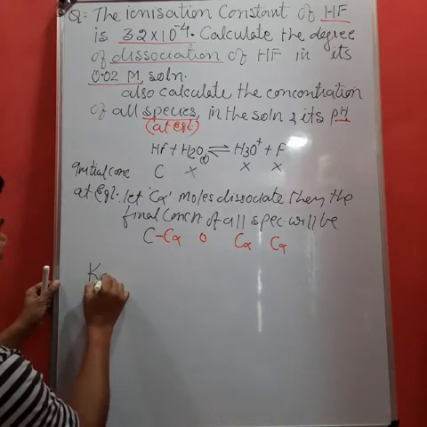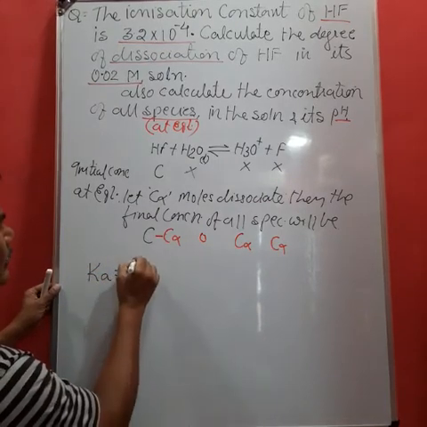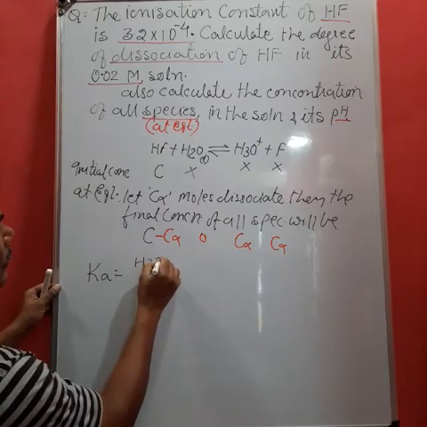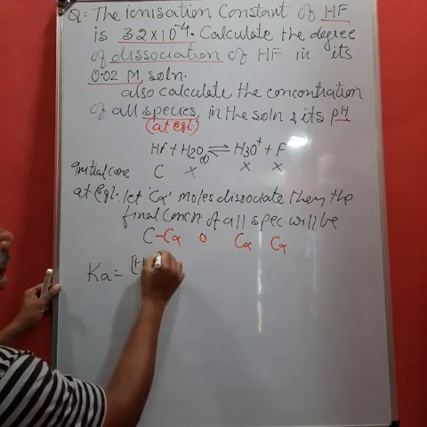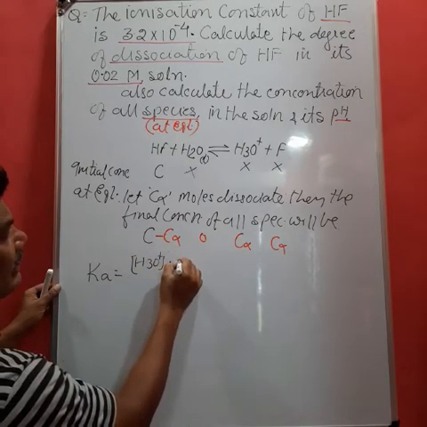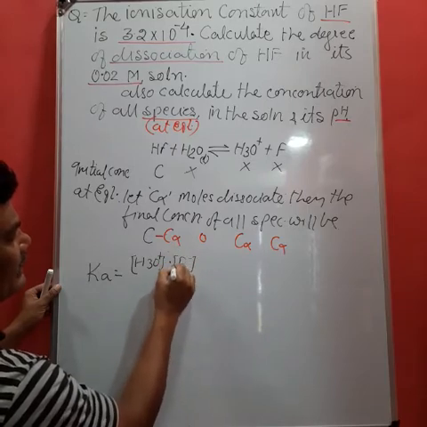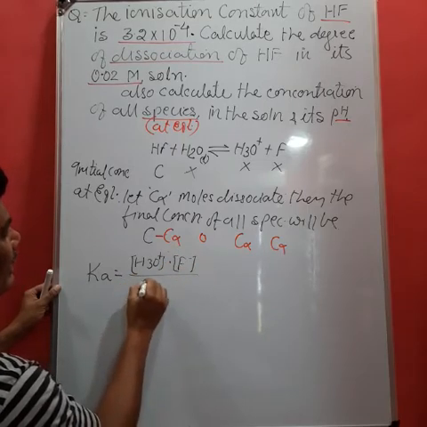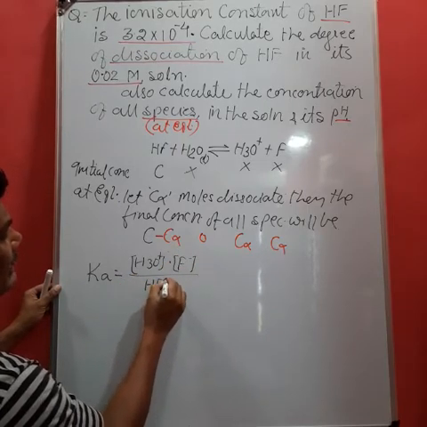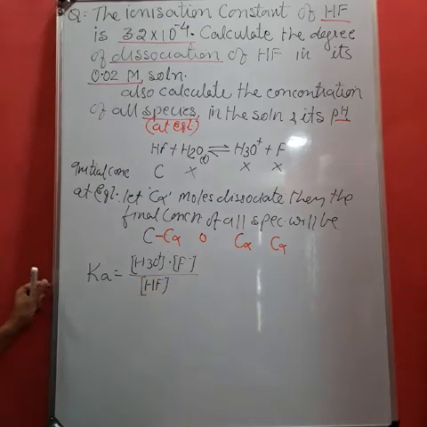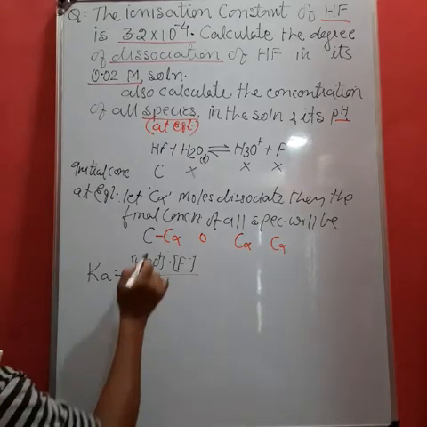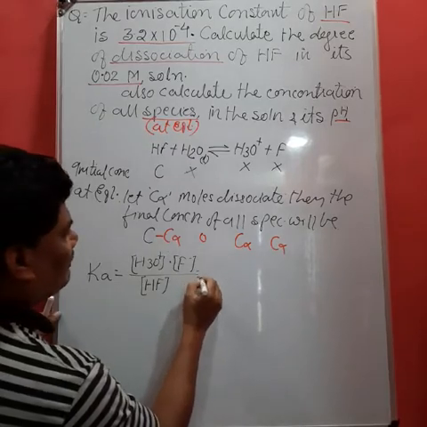Now write the expression. Ka is equal to the H3O concentration multiplied by the F ion concentration, whole divided by the HF concentration, at equilibrium. Now place the value.